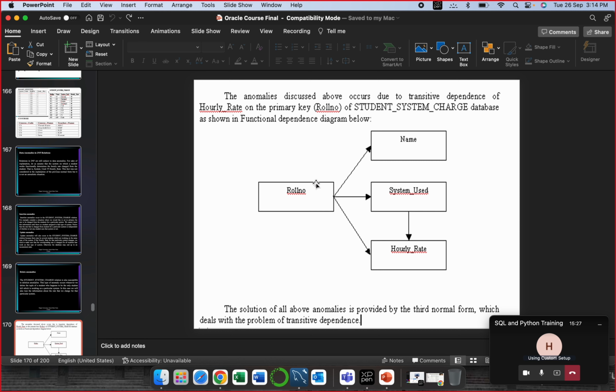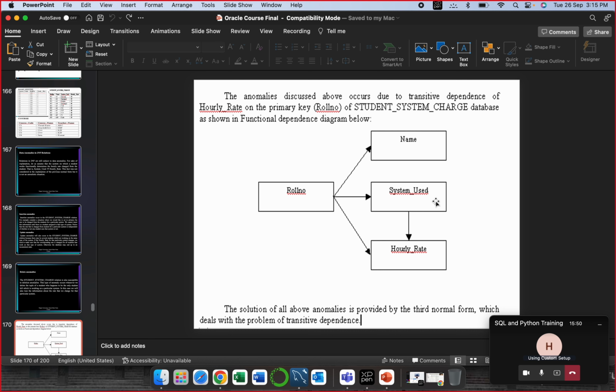When the attributes are not free from each other, there is no independence within the attributes. That means the attributes are transitively dependent on each other. You understand my point? So, the solution to the above anomaly is provided by the third normal form, which deals with the problem of transitive dependence.